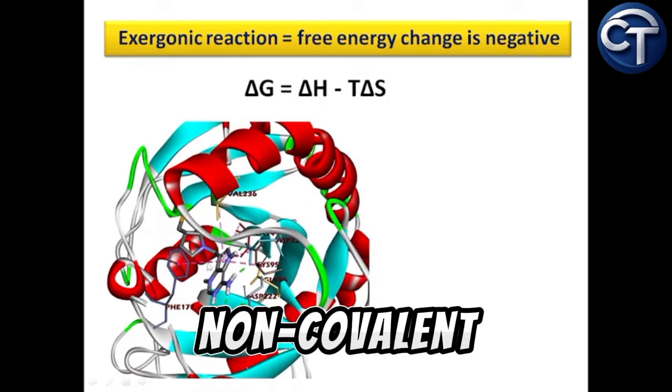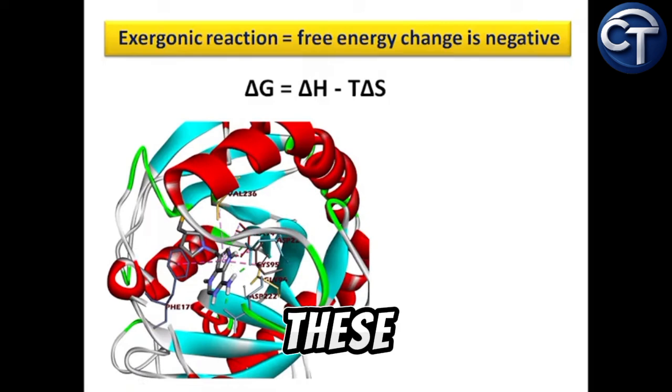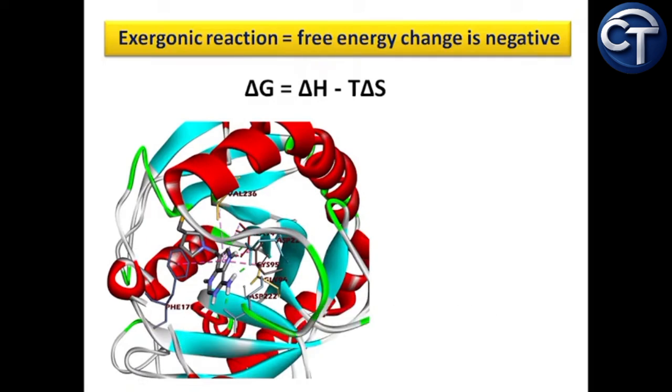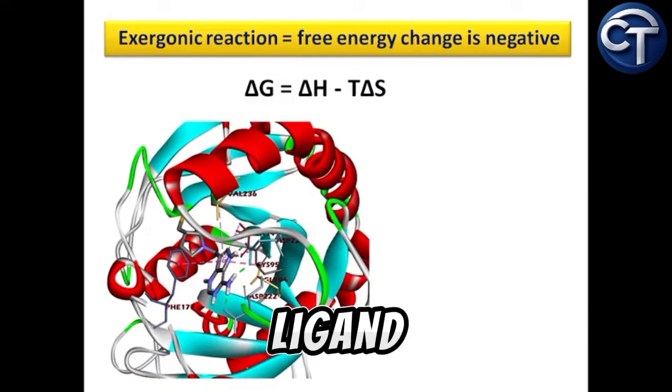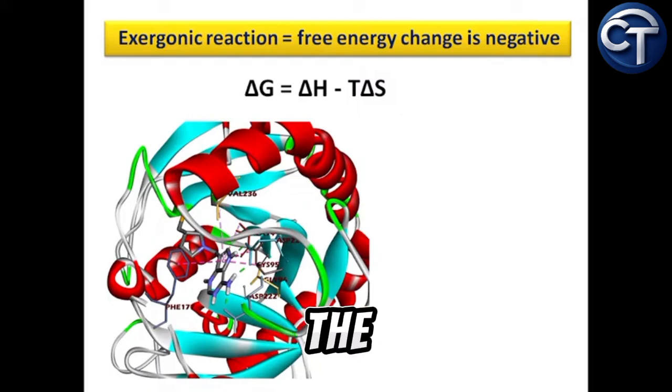And these non-covalent interactions are themselves energetically favorable. And these interactions stabilize the protein-ligand complex. Therefore, after binding of the ligand, the energy level of the whole protein-ligand complex becomes lower than the sum of the energy levels of the individual protein and ligand.